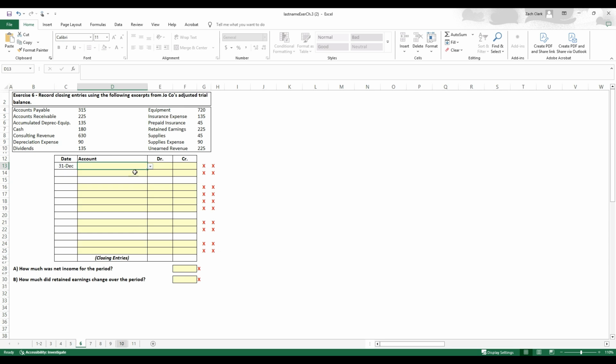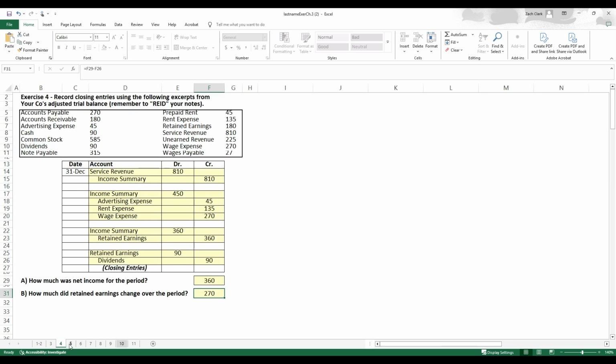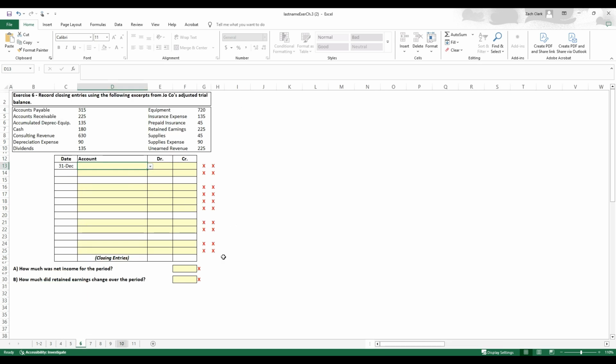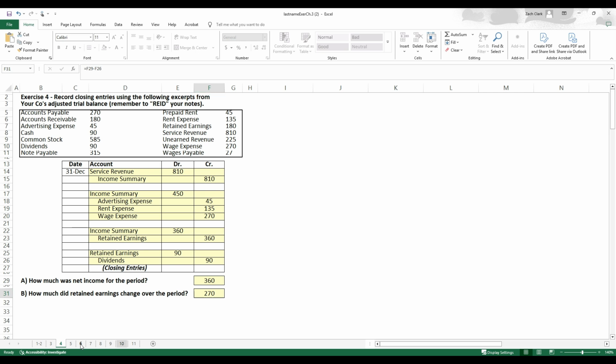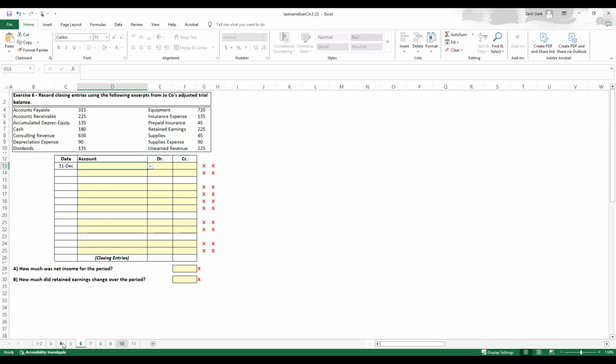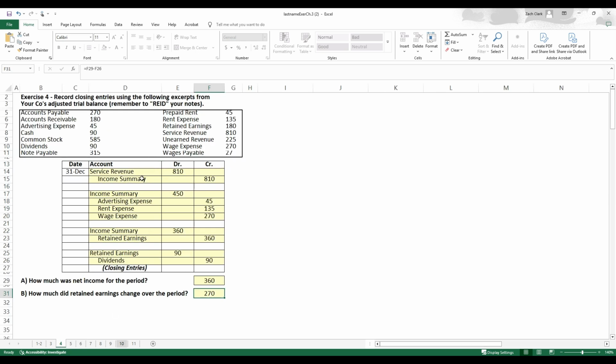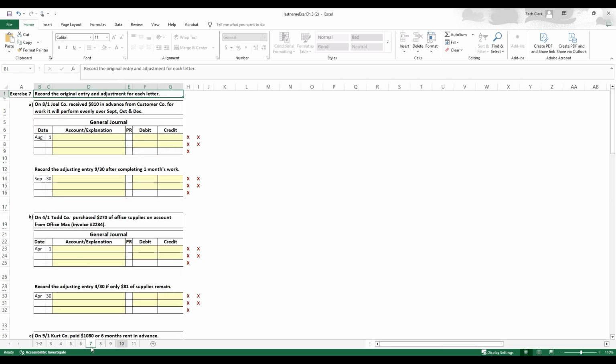So I think I'm going to skip over this problem, and I'm going to let you all just refer back to number 4, because this is going to be basically the exact same process. So give that a shot and follow my same process and thoughts, and let me know if you have any questions.